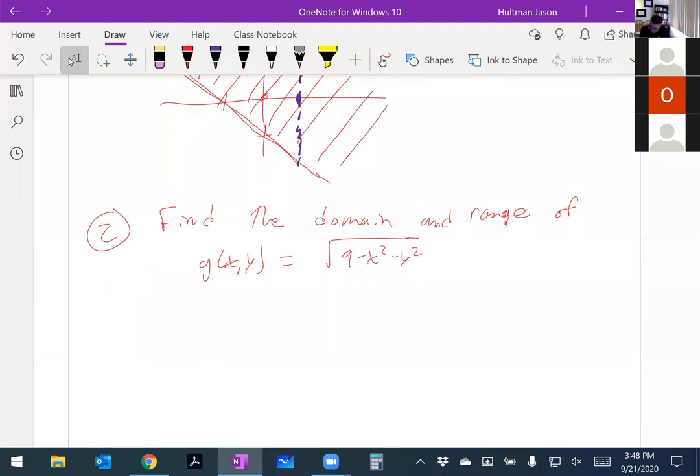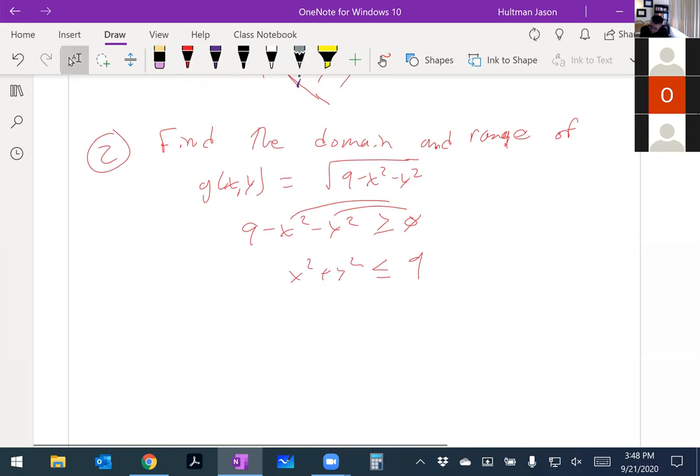Okay, so what can we not have under the square root? Well, once again, we cannot have a negative. Non-negative. So that means that 9 minus x squared minus y squared has to be greater than or equal to 0. If I get this in a form that's more familiar, if I were to toss these to the other side, I would get x squared plus y squared is less than or equal to 9.